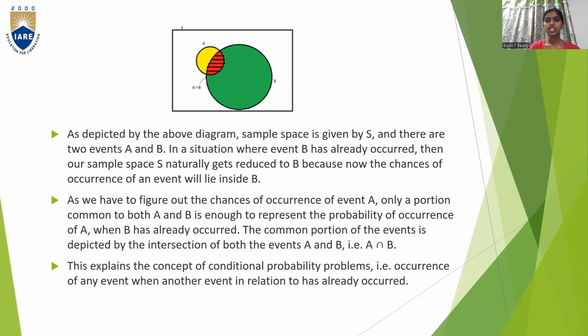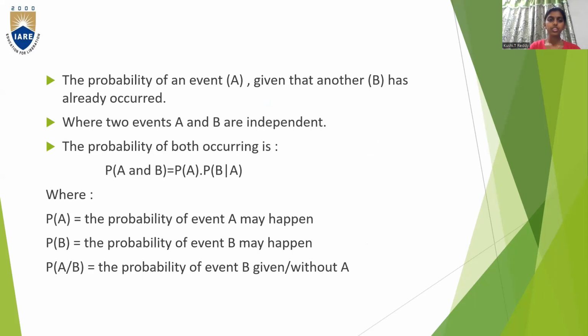This example will explain conditional probability, because the definition is: the occurrence of an event when another related event has already occurred is known as conditional probability. So the probability of an event A given that another event B has already occurred is known as conditional probability, where two events A and B are independent of each other.